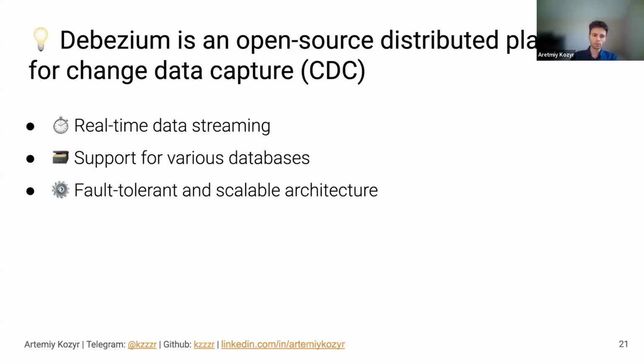Then it's a fault tolerant and scalable architecture. So it scales with your Kafka cluster, the number of Kafka Connect nodes, the number of Kafka nodes. So it scales horizontally, it scales well, and it's fault tolerant.